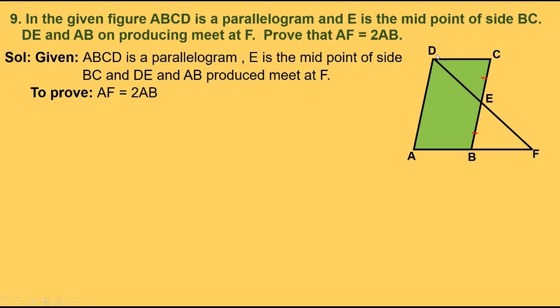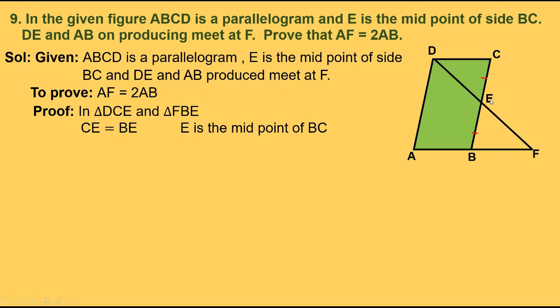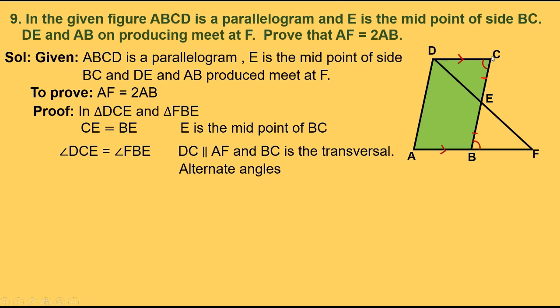Proof: in triangle DCE and triangle FBE, CE is equal to BE, E is the midpoint of BC. Angle DCE is equal to angle FBE, DC parallel to AF and BC is the transversal, alternate angles are equal, and angle DEC is equal to angle FEB, vertically opposite angles are equal.